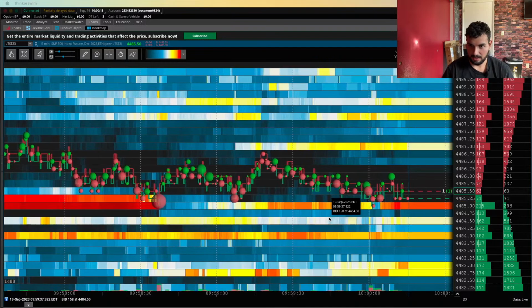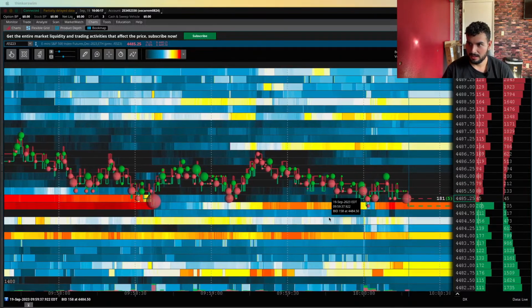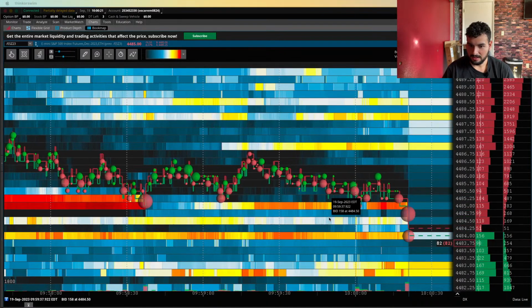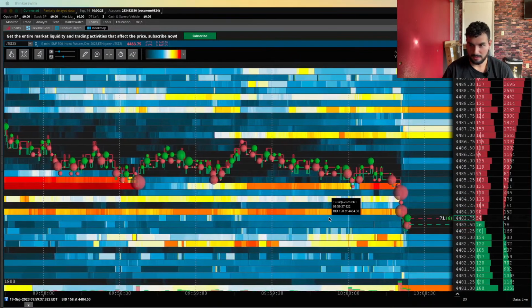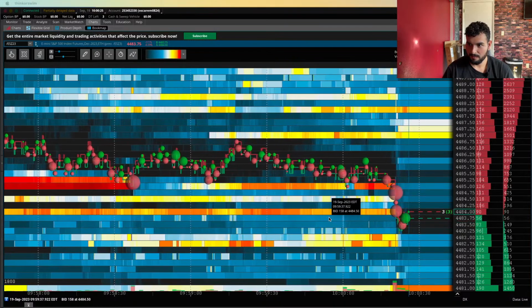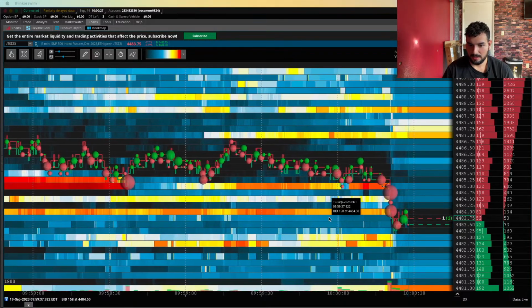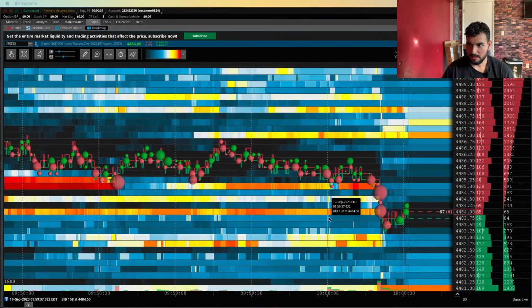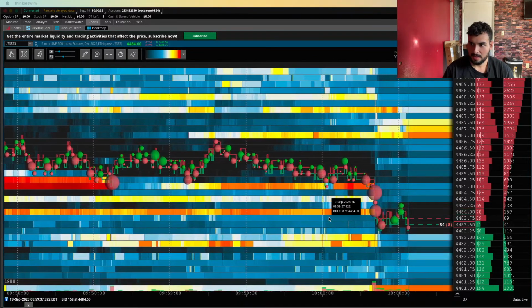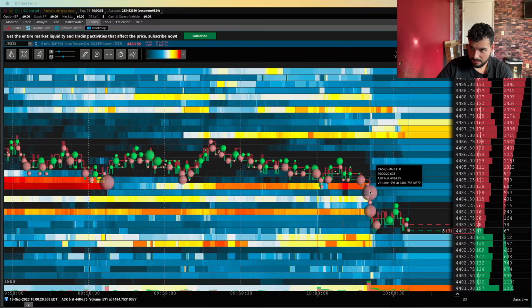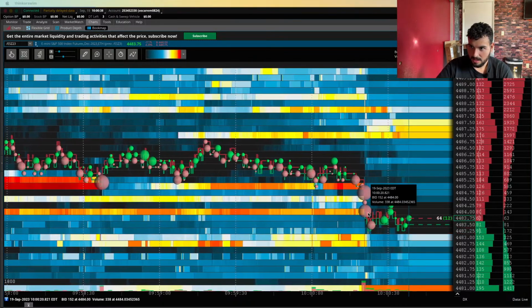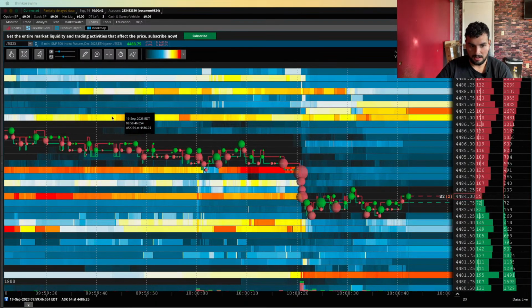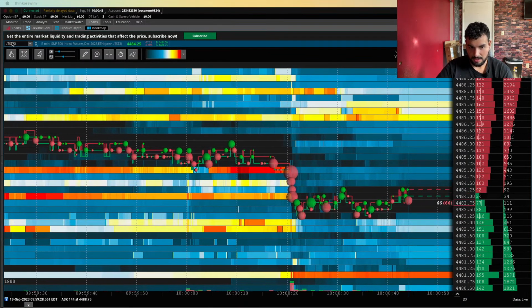We're just chopping it out right here. There it is. We just broke through that level aggressively. That was some aggressive selling, right? 591, 338 lots. And this is of the actual E-mini.